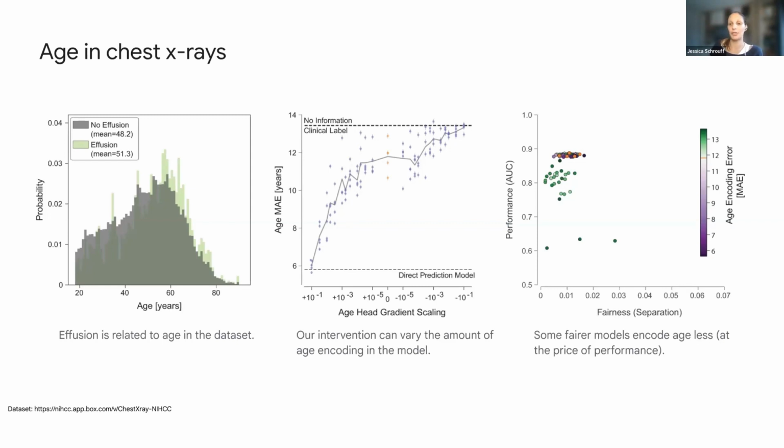If you have patients showing up with effusion, you want the doctor to actually look at their image before saying that they don't have effusion. So it's still good to measure, even if you think there can be a biological link, whether your model is actually amplifying the signal or not, because it really can happen that your model is amplifying something because it relies on other spurious signals that are correlated with age, right?